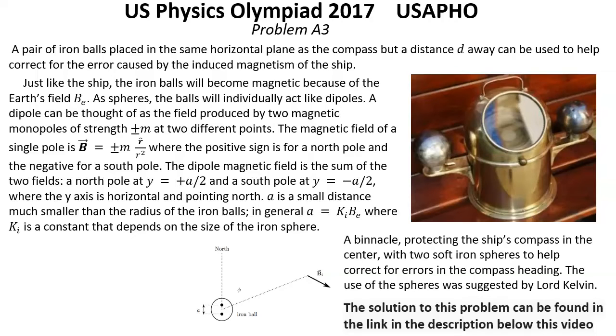A dipole can be thought of as the field produced by two magnetic monopoles of strength plus and minus m at two different points. The magnetic field of a single pole is B equals plus or minus m multiplied by vector r divided by r squared, where the positive sign is for a north pole and the negative for a south pole.